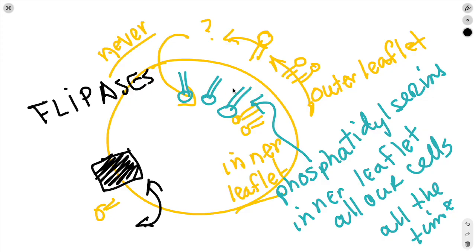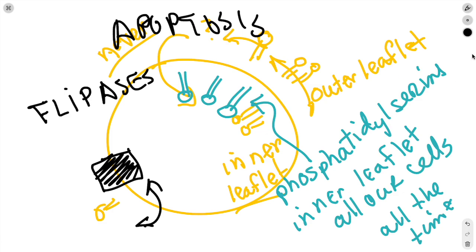So we're going to learn about a flippase that, when a cell's going through apoptosis, this particular protein gets activated, and it flips the phosphatidylserines to the outside, and that's the target for that phagocytic cell.